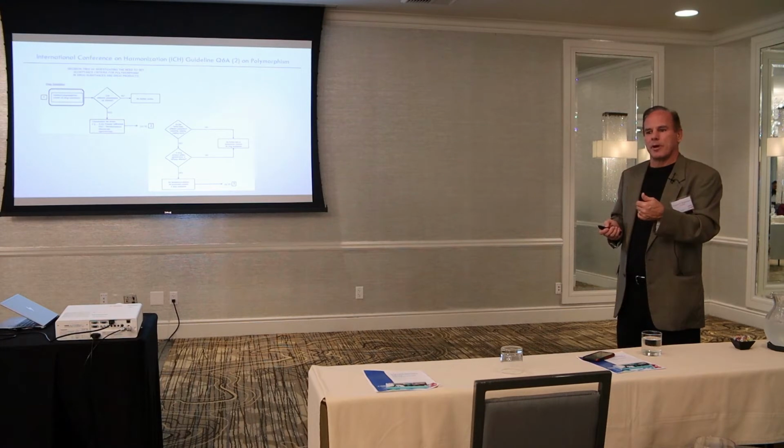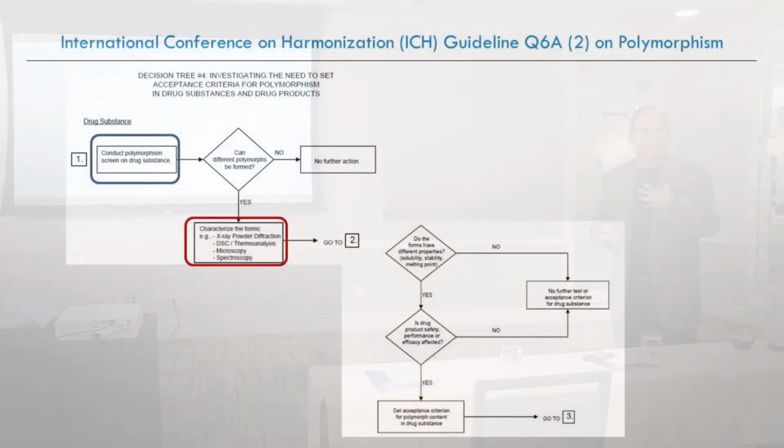And so it really brought to light the importance of controlling polymorphism. Lilly, the company that I was blessed to work with for 30 years, was very well aware of this and controlled it.